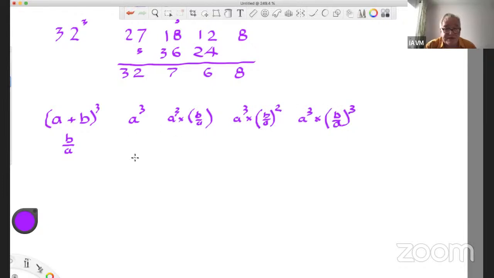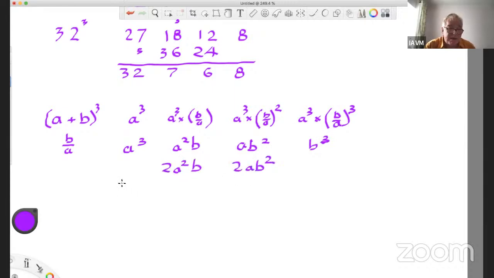And if we simplify these 4 terms, we get A cubed, A squared B, A B squared, and B cubed. And then we doubled the middle two. So that would be 2A squared B and 2AB squared here and here. And then we added up everything.